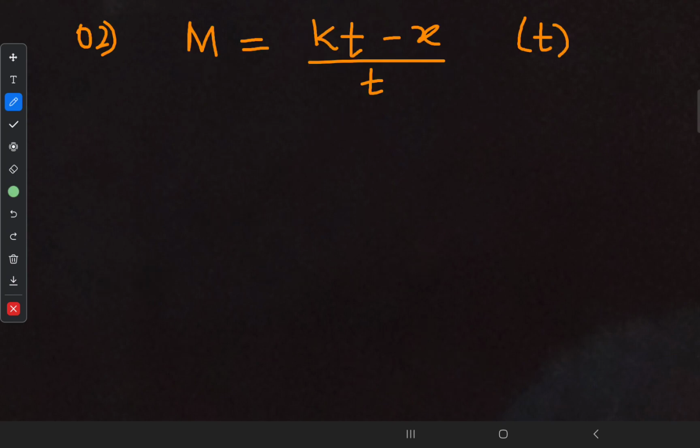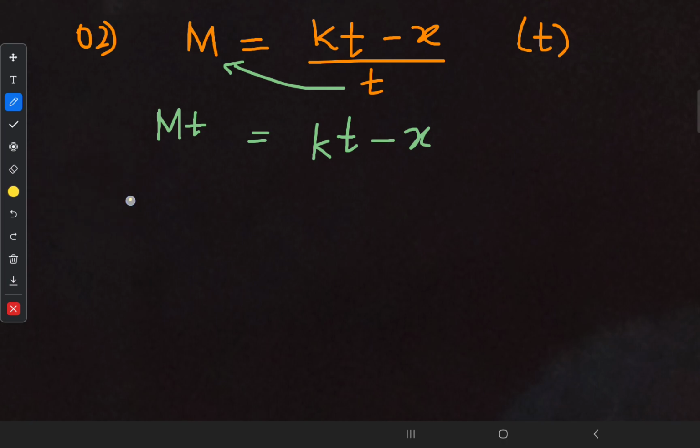Same as the previous one, but t is in our denominator. So what do we need to do? You should bring this t as a multiplicand to this side. So mt equals kt minus x. Then let's bring the t terms together. For that, mt remains the same. I'll bring the positive kt as a negative kt to this side. Then in the right side, we have only negative x.